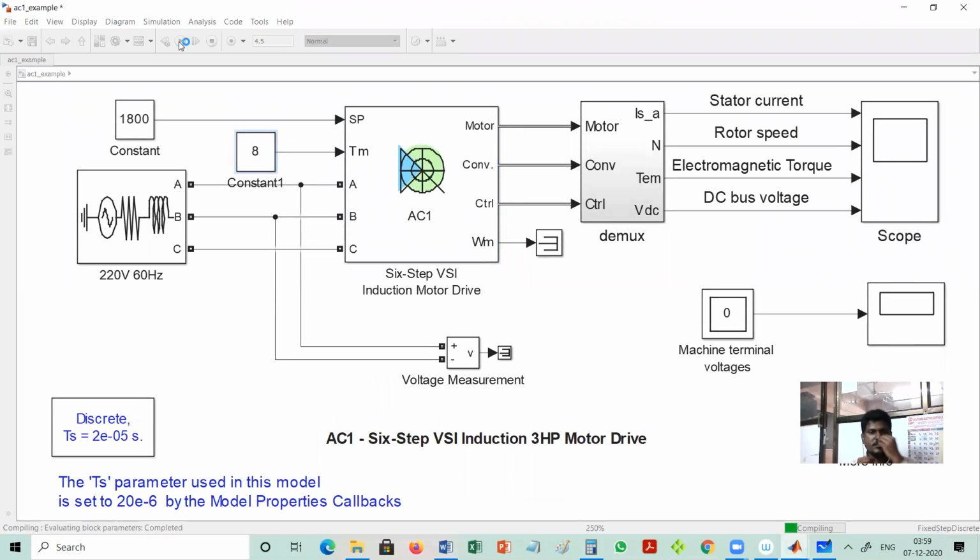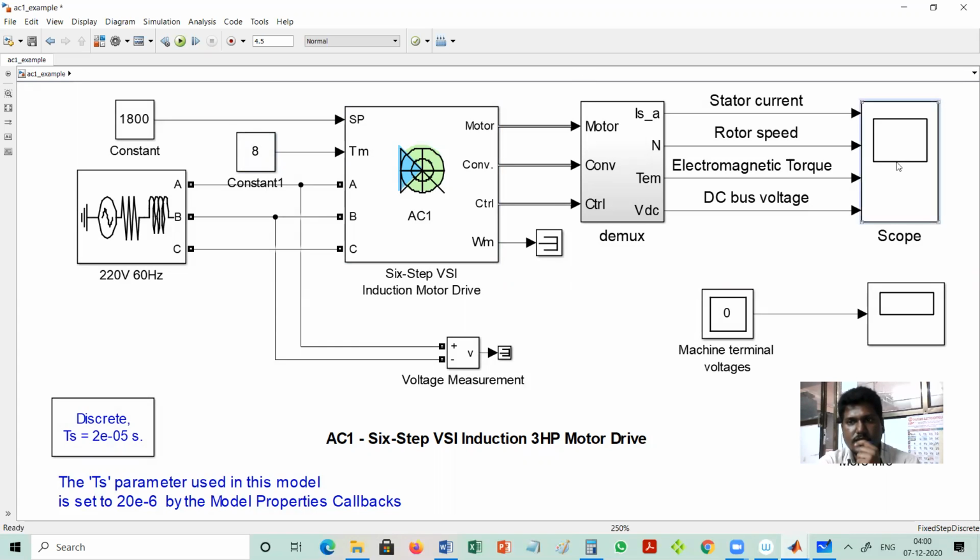Just change these two readings. Now it is run.